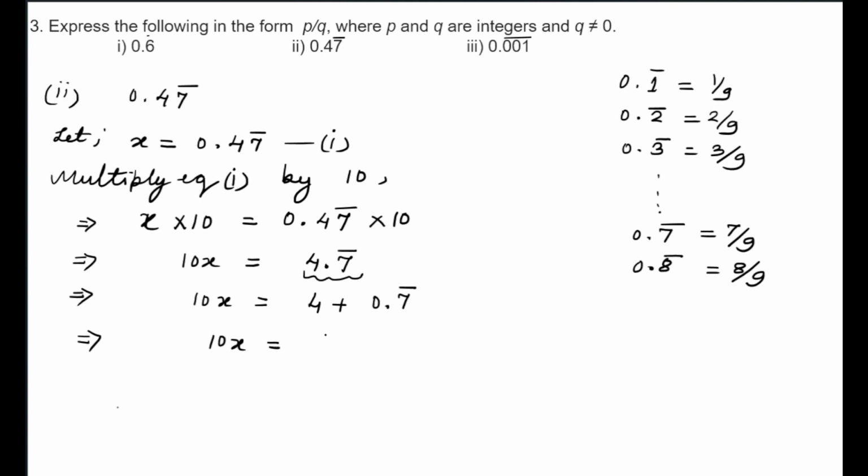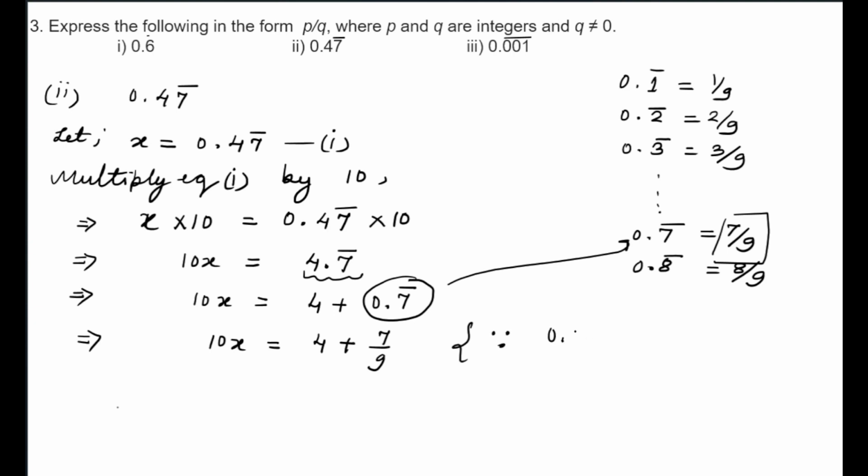10x is equal to 4 plus. Now what is the value of 0.7 bar? So it is 7 by 9. So we are just going to replace that with this. And in the bracket, you can just keep an idea that since 0.7 bar is equal to 7 by 9, right?